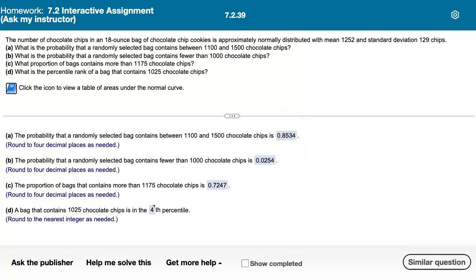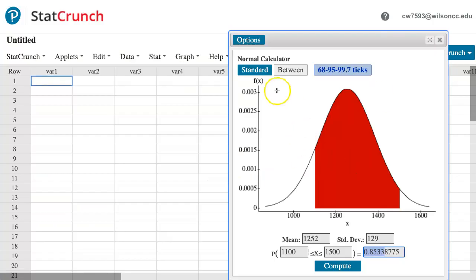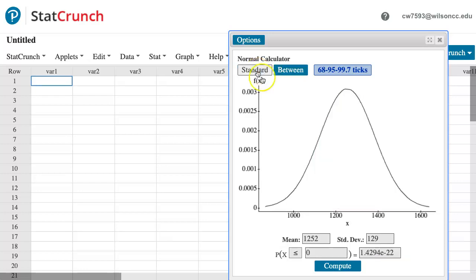B and C are just a little bit different. I'm just going to do part B for this particular video. C has a similar feel to it inside StatCrunch. We're told here in part B that the probability a randomly selected bag contains fewer than 1,000 chips is, so we're going to go back to our normal calculator and then we're going to select standard this time.